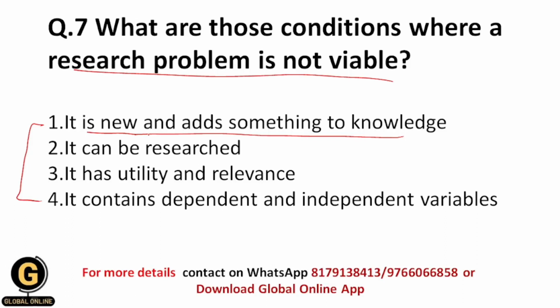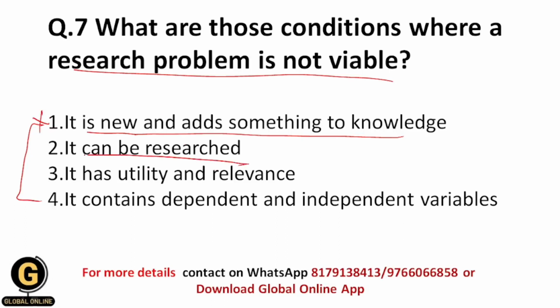So whenever we are forming a research problem, we have to add something to our existing knowledge, new knowledge, based on the research problem. So whenever we are solving that research problem, we give the solution. So this is one of the conditions where a research problem is viable, so this option is eliminated.